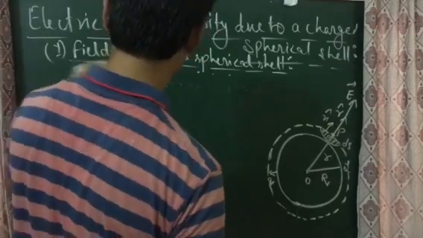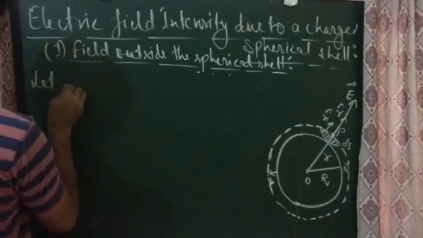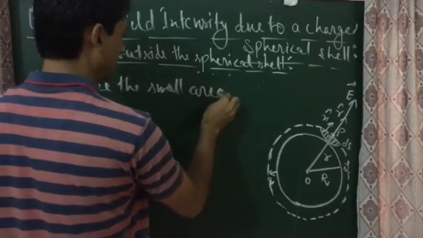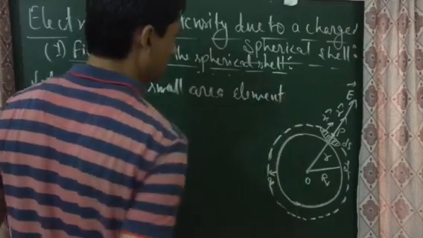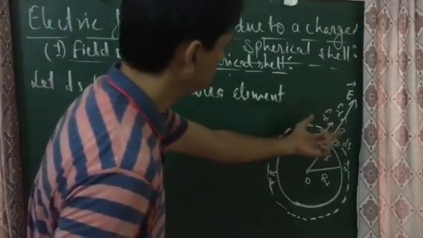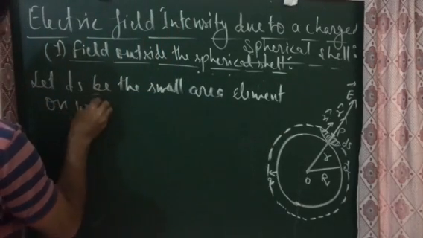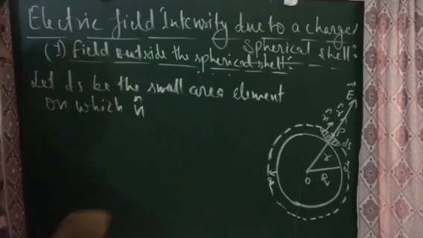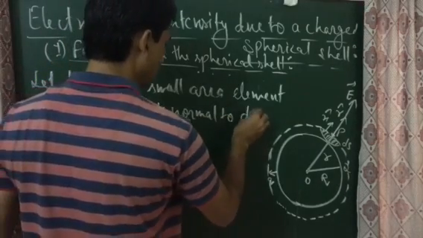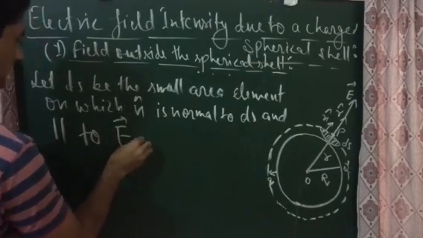Now let ds be the small area element on which the unit vector n cap is normal to ds and parallel to the direction of electric field.